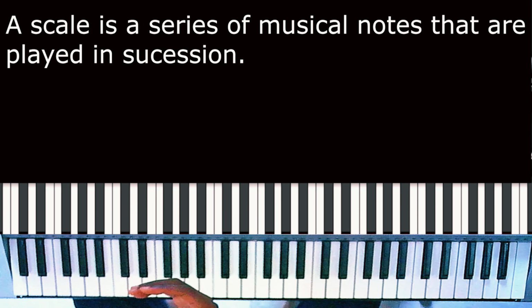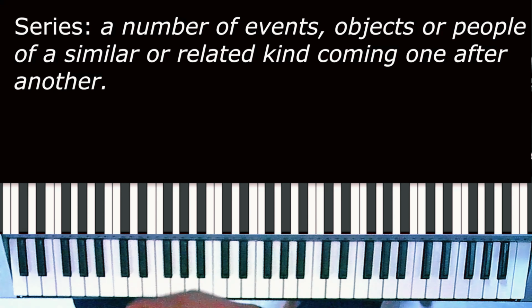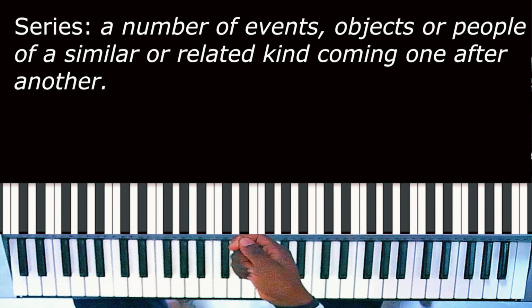Okay, that's not quite hard. Let us break this down. What is series? Series simply means a number of events, objects, or people of a similar or related kind coming one after the other. Mark that. That's the meaning of a series.